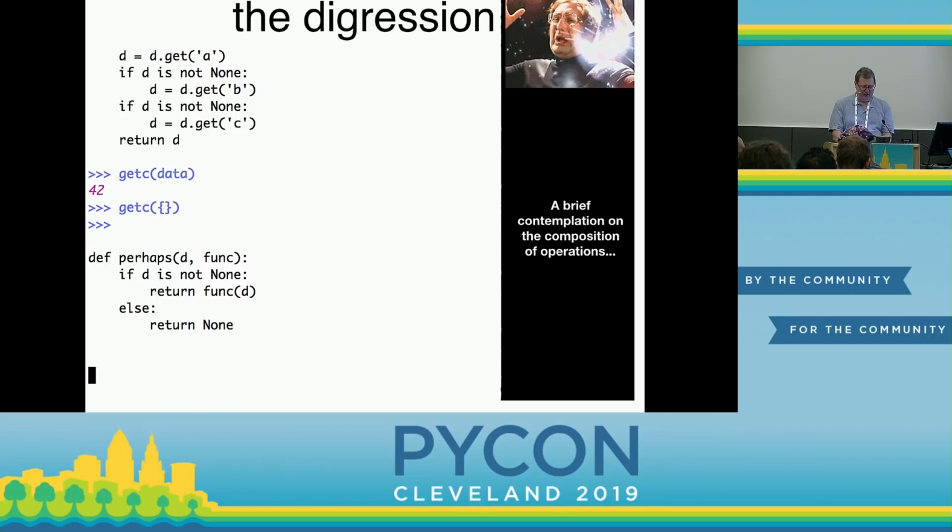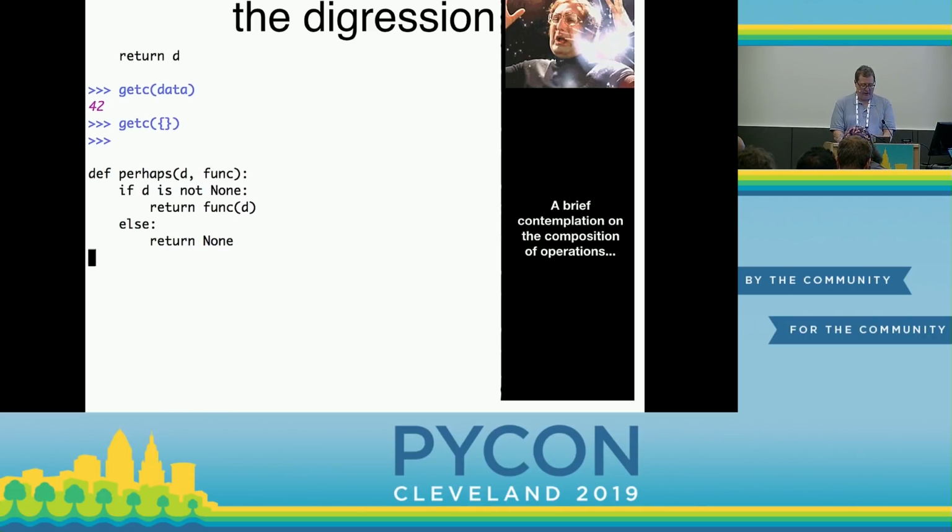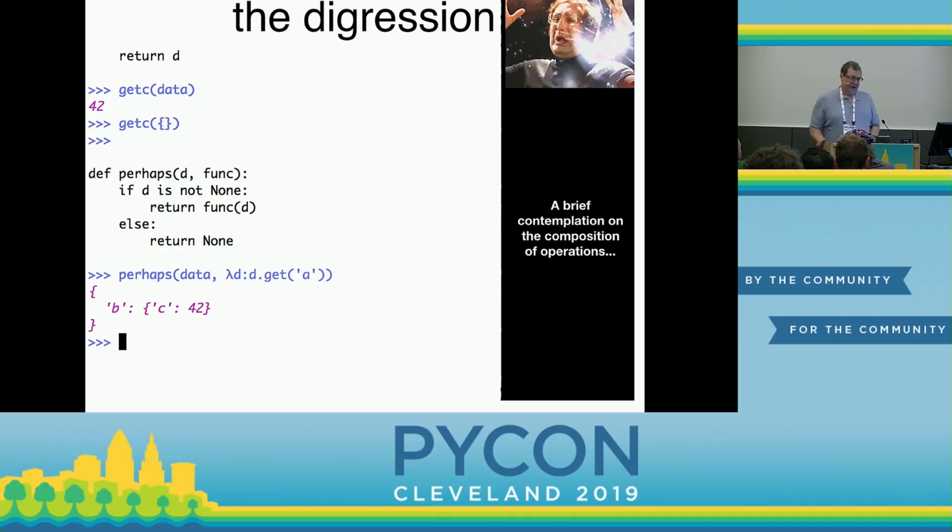And you're saying, where is Dave going with this exactly? Okay, so here's how this is going to work. You would say perhaps data, and then you would give it a function. I'm going to use lambda here, just because we've been doing lambda so much. The idea is you give me data and a function, and as long as the data is not none, like a dictionary or something, I'm going to call the function.